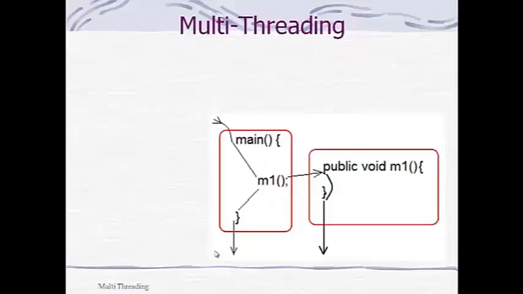Multi-threading. Suppose we were able to somehow create two parallel paths, that is the main bifurcating at this point, one goes to M1, the other continues without waiting for M1 to return.